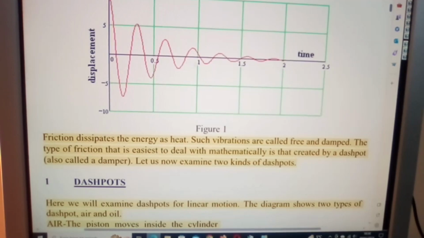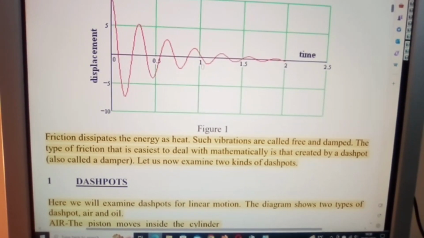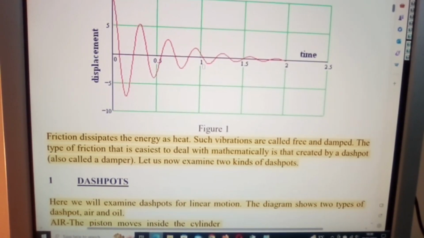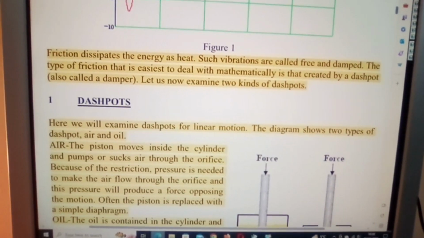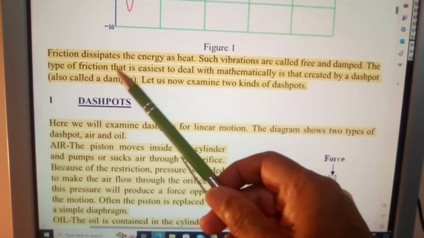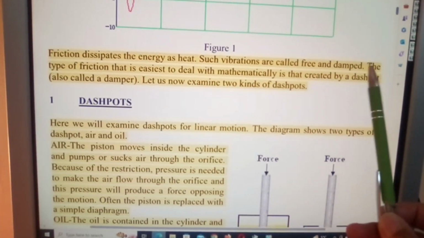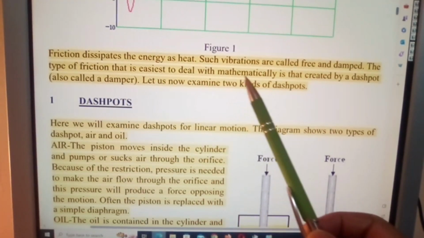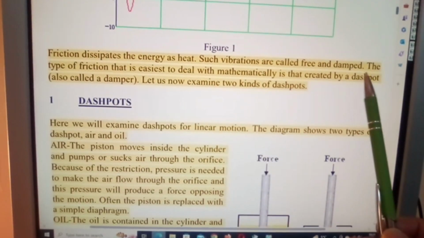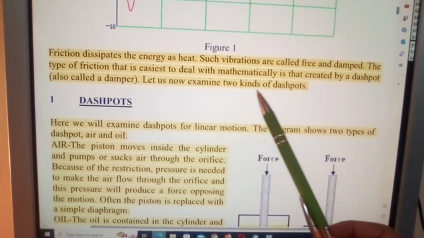But in the bridge case, it didn't absorb any energy, it had no place for that energy to go except within itself, causing destruction. Friction dissipates the energy as heat. Such vibrations are called free and damped. The type of friction that is easiest to deal with mathematically is that created by a dashpot, also called a damper. Let us now examine two kinds of dashpots.